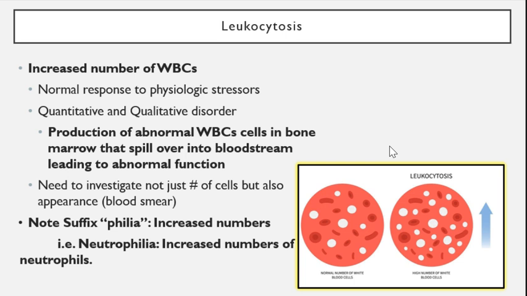Because leuko means white in Greek, I think, and that's where we get leukocyte from, a white cell. So if you have increased numbers of white blood cells, this is what leukocytosis is. It's particularly evident in the bone marrow, spills over to the bloodstream, and leads to abnormal function. You have just too many white blood cells that are responding too much, and you're getting too much inflammatory response.